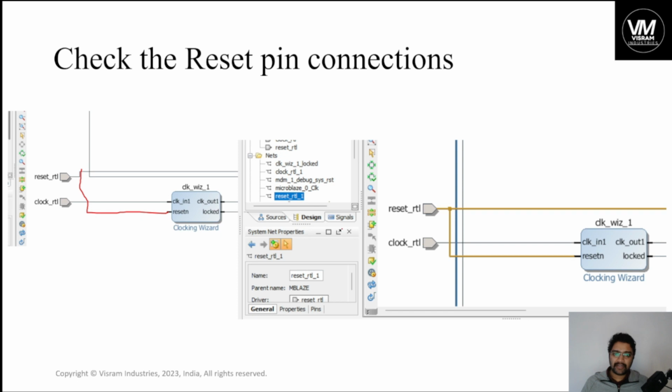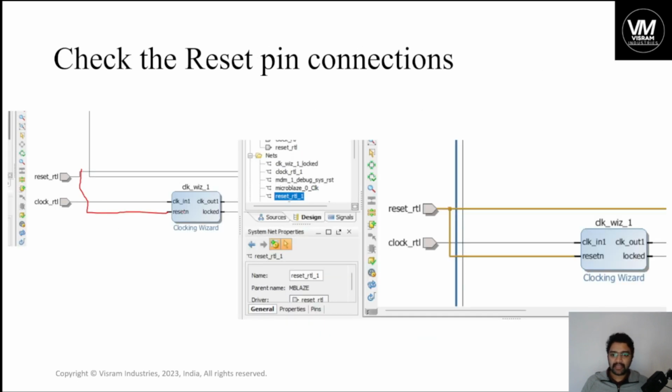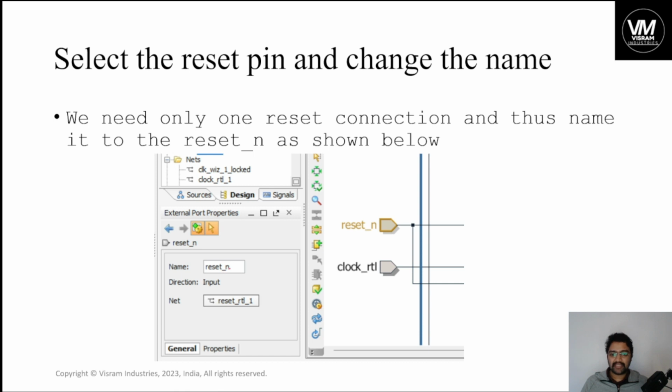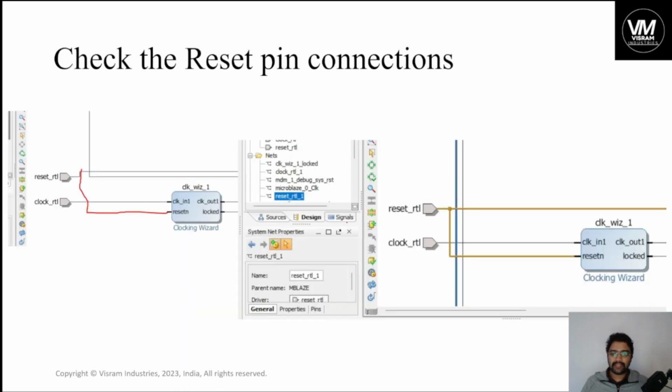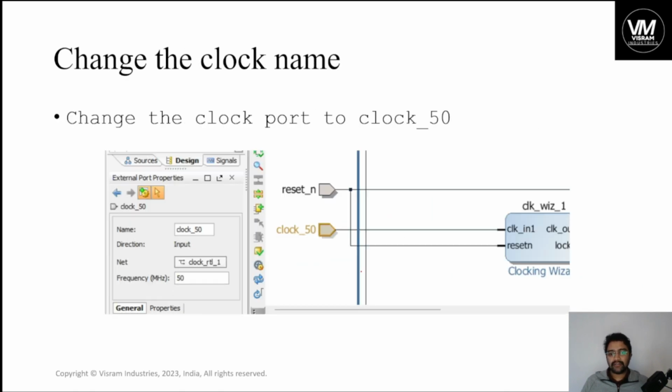Then after connecting, you can change the names to reset_n. Click on that reset port and change it to reset_n. In the same way, you can change reset_rtl to reset_n, and clock_rtl to clock_50. Just click on the ports and you can see the neighboring window. There you can change it. That's it.